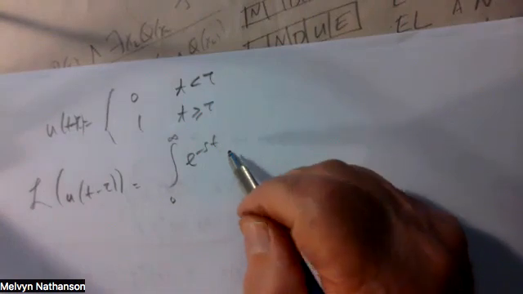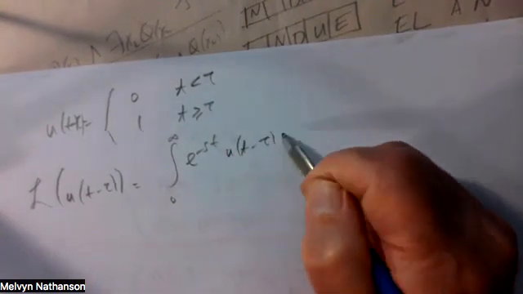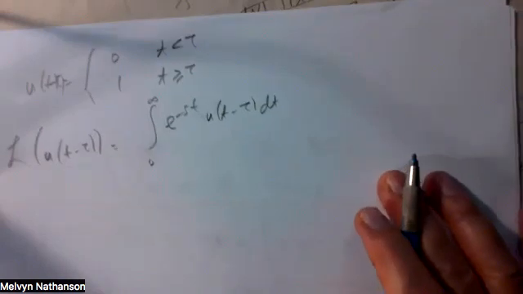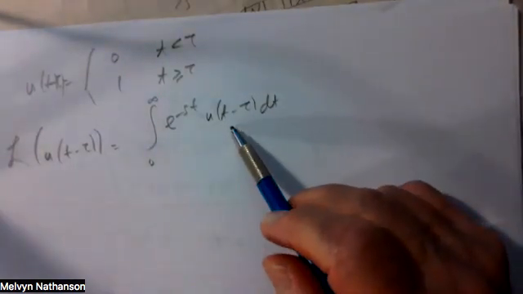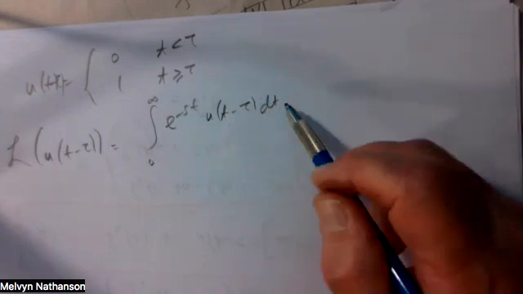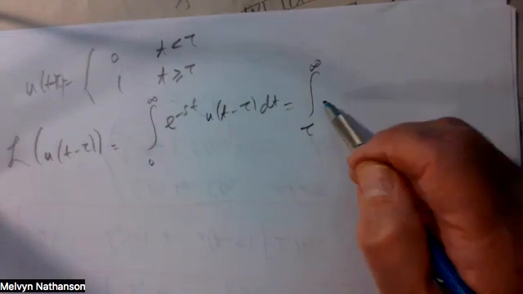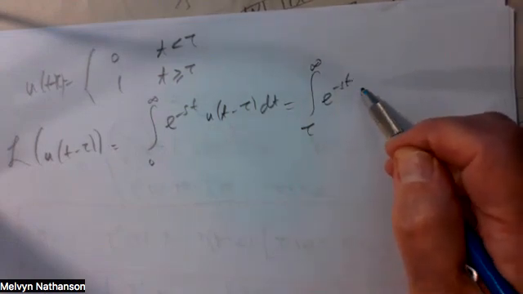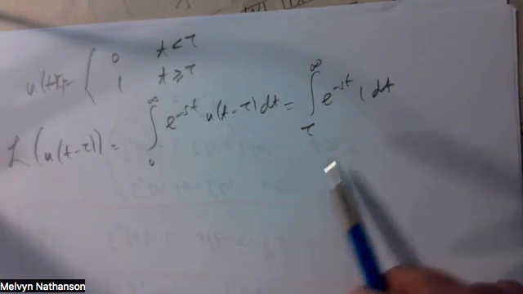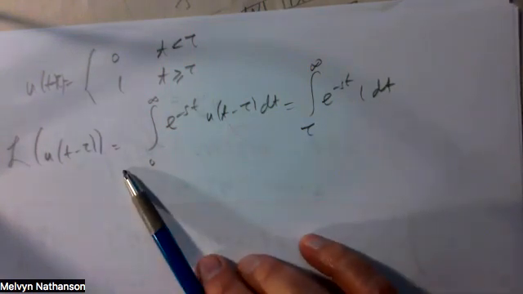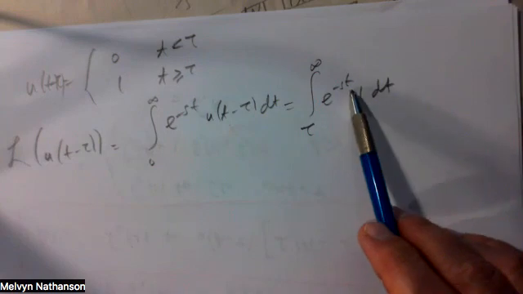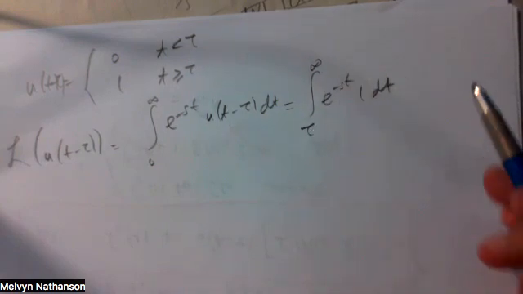The Laplace transform of u of t minus tau is the integral from 0 to infinity, e to the minus st, u of t minus tau, dt. But this is 0 when t is less than tau. And for t greater than tau, this is just 1. So this Laplace transform is the integral of e to the minus st from tau to infinity.